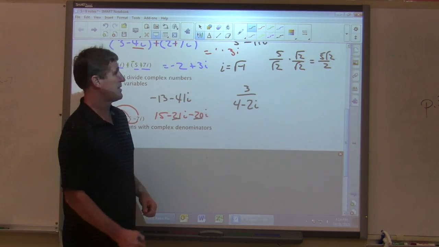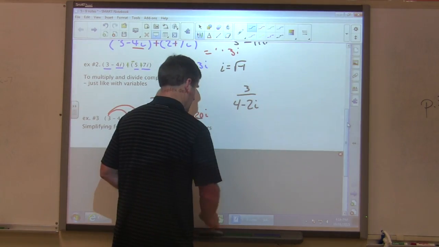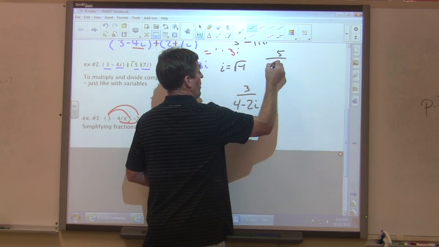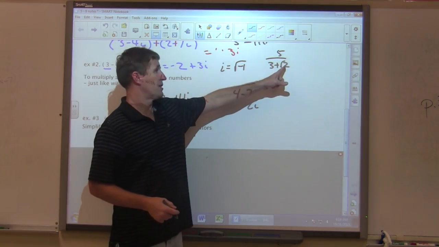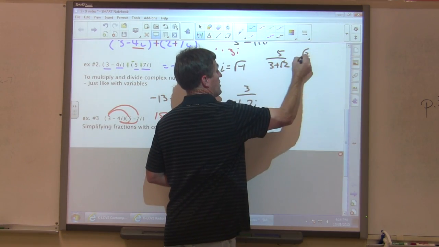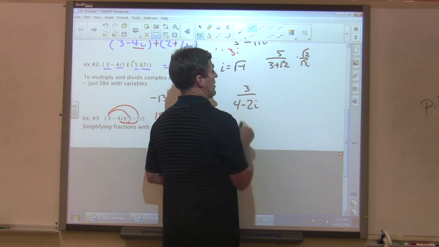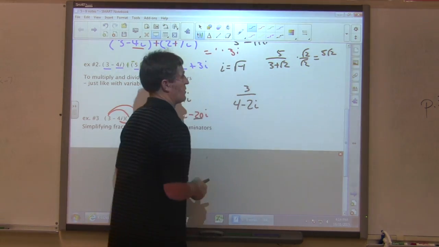But the problem is the same that I would have if I had a problem like this: 5 over 3 plus square root of 2. Because if I multiply this by the square root of 2 to get rid of this square root of 2, well, on top I'm okay. I get 5 square root of 2.